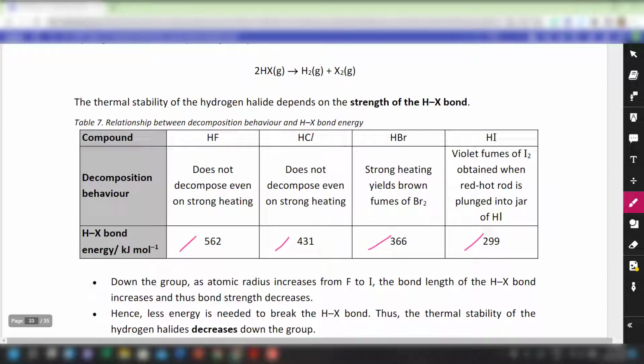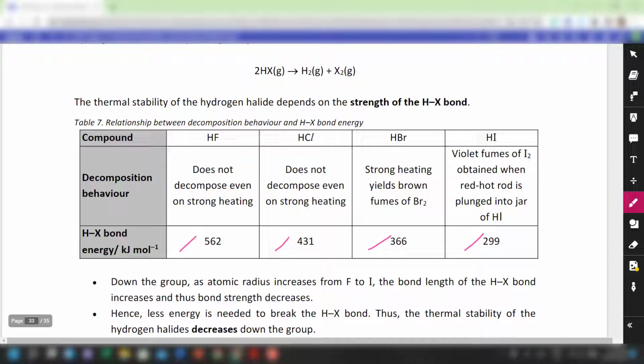So do flip over to the heterodiatomic molecules to look at the hydrogen-halogen bond strength. Of course, you recognize that HF is the strongest, and we can easily understand that. That is because fluorine is the smallest atom amongst all, because it's in period 2. Being the smallest, it's able to form a good covalent overlap with hydrogen, and at the same time, fluorine is one of the most electronegative elements known to mankind.